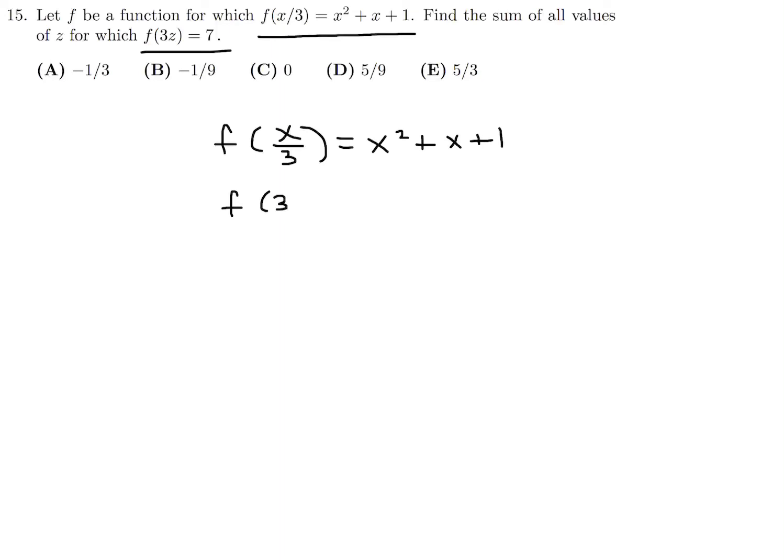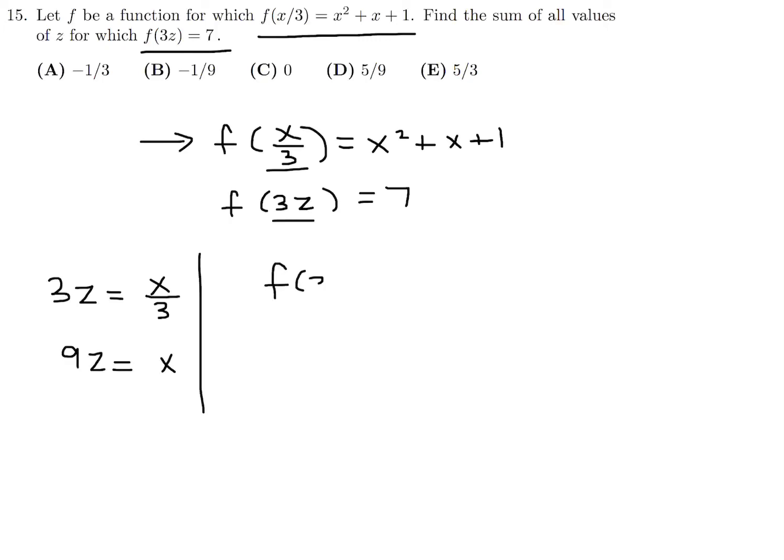And f at 3z is equal to 7. So we want to use this equation to solve for z. So they're putting in a 3z where this equation puts in an x over 3. So this will allow us to solve for x, and that becomes 9z.